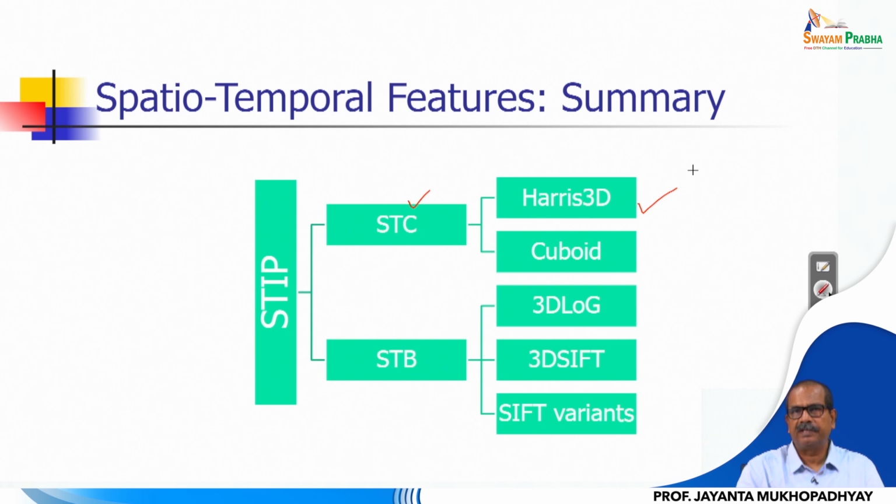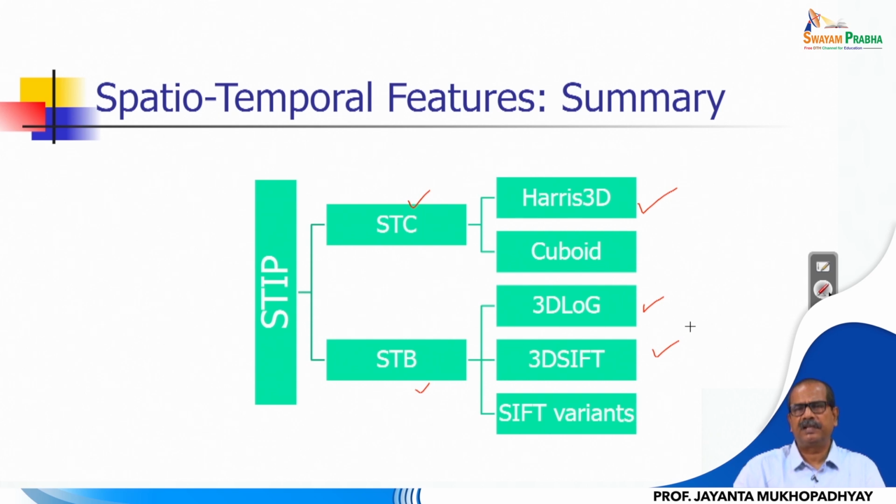There is also another method called the cuboid method, by which you can compute the spatio-temporal corner. Whereas for spatio-temporal blob detection, you have Laplacian of Gaussian operation, where extremal points are used to detect the spatio-temporal interest points, or you can use the 3-dimensional SIFT descriptors and also detectors.